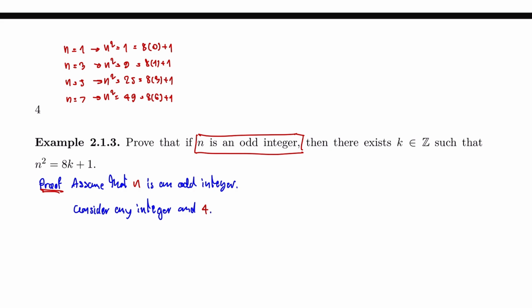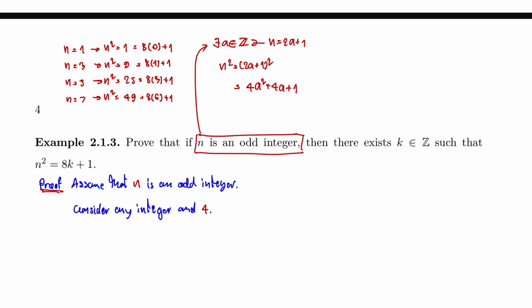What am I doing now? Typically, if we know that n is an odd integer, by definition, we know that there exists an integer a such that n equals 2a plus 1. Now, what is n squared? It is 2a plus 1 squared. Expand it, and it turns out to be 4a squared plus 4a plus 1.